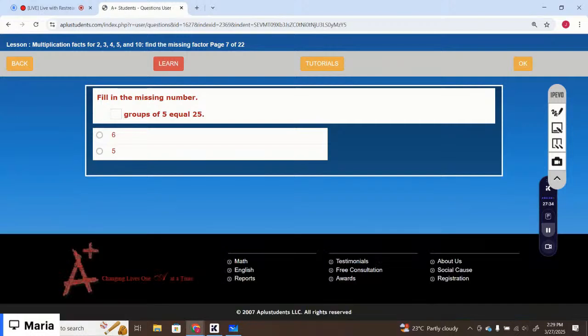How many groups of 5 equal 25? So, which is the correct option? That is 5 times 5 is 25. Option number 2 is the correct option.